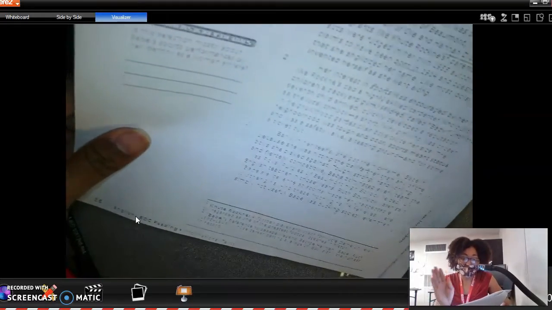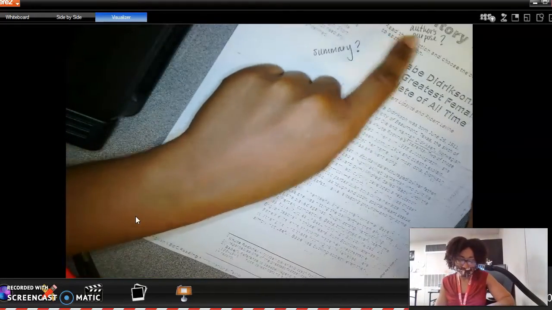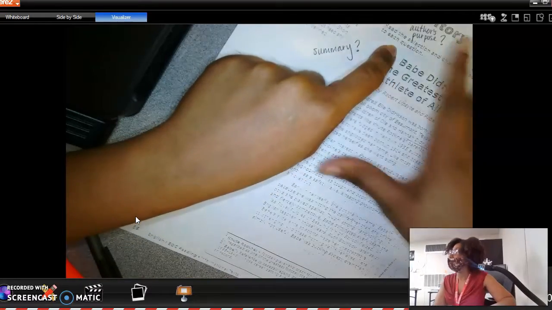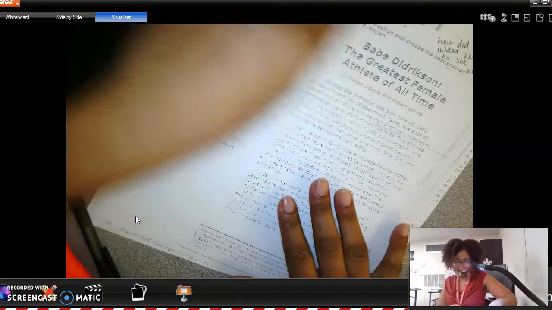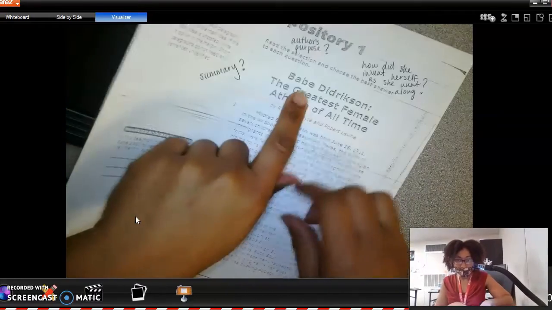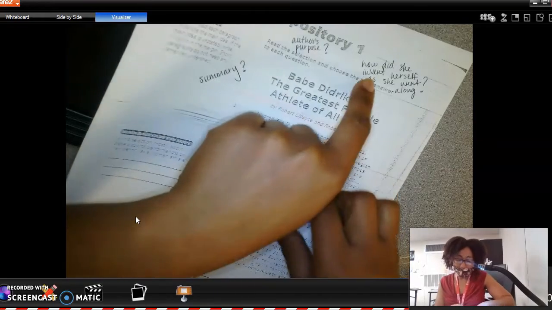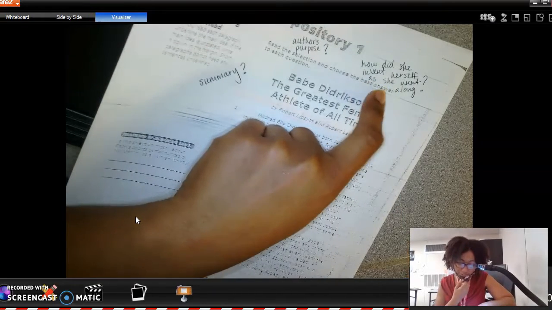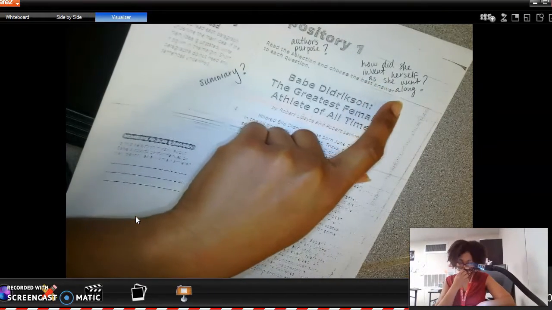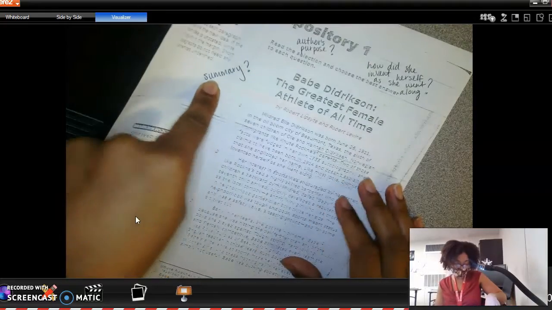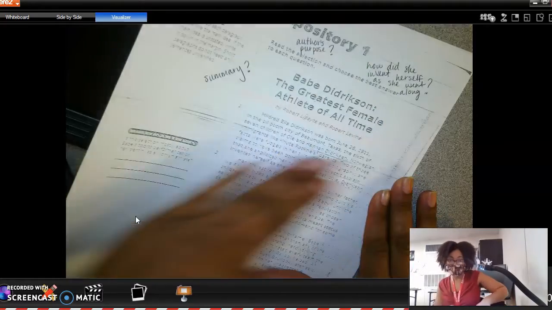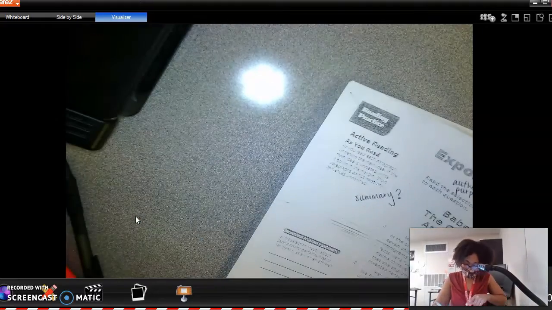Okay, so again, before we ever read the story, we already know that we're going to have to identify the author's purpose, their whole reason for writing this text. We're going to have to be able to answer, how did she invent herself as she went along? What does that mean? We're going to have to give a summary, and these are our overall questions on the text. And we also know it's going to have something to do with sports.